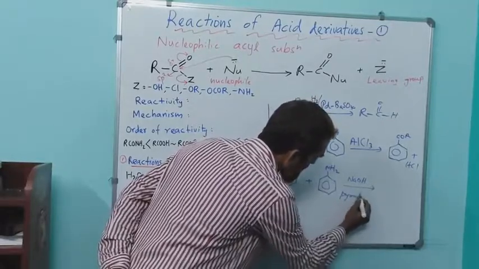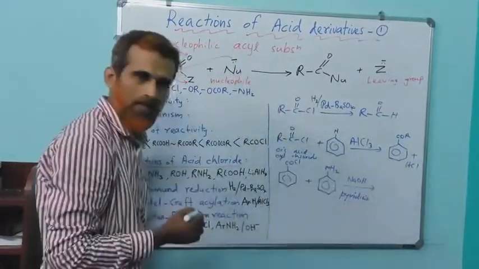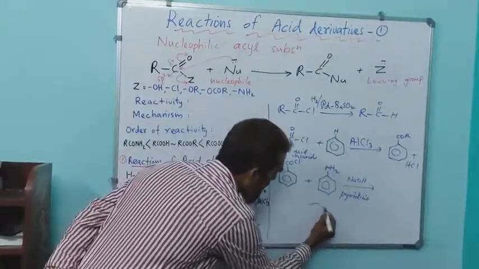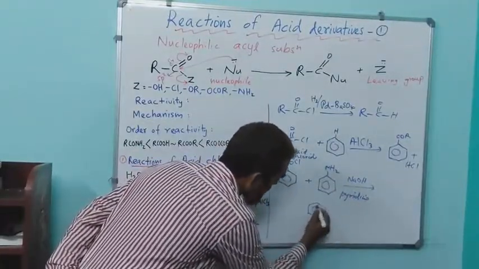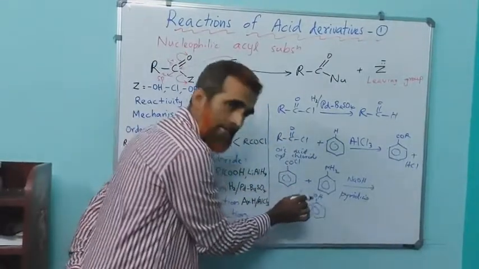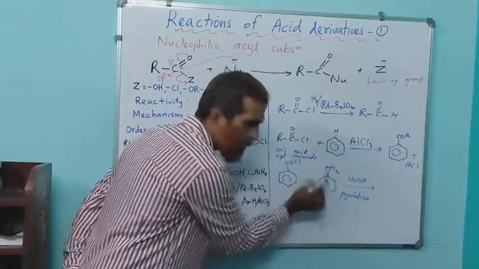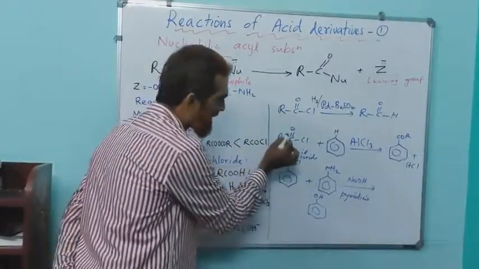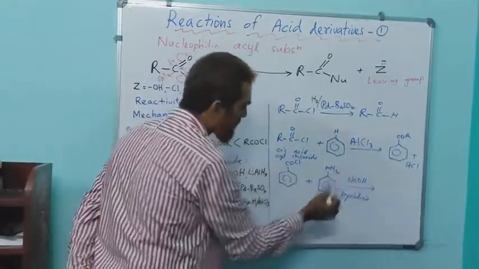Pyridine is also used as base in Schotten-Baumann reaction. So in presence of some base like this, aniline, similarly you can take phenol also for this reaction. So the point is this, replaceable hydrogen on OH group, NH2 group are replaced by benzoyl group. That's very important. It is not acetyl group, benzoyl group in presence of base.